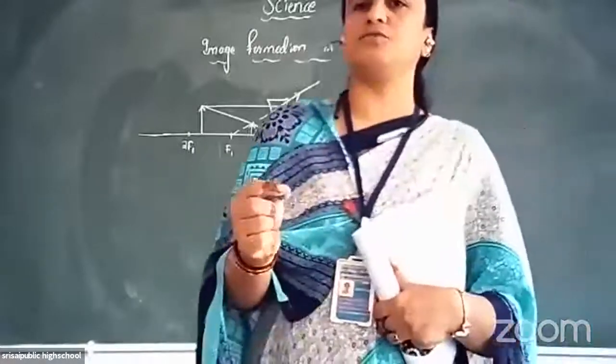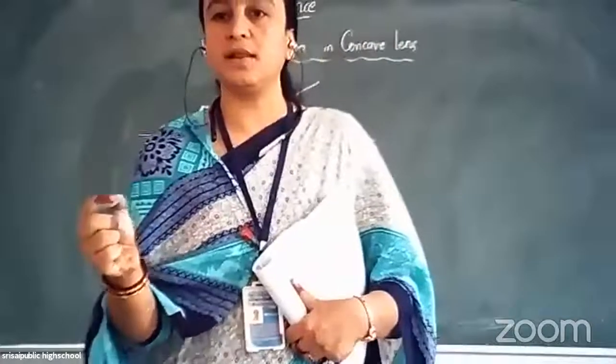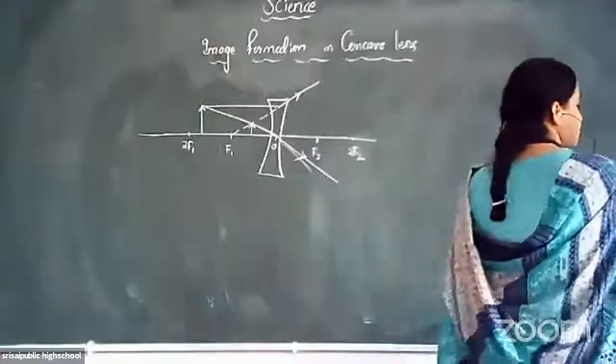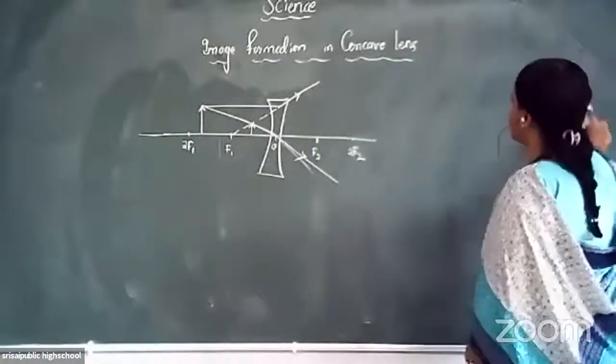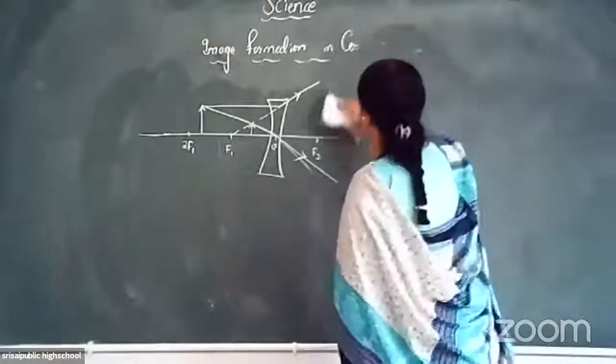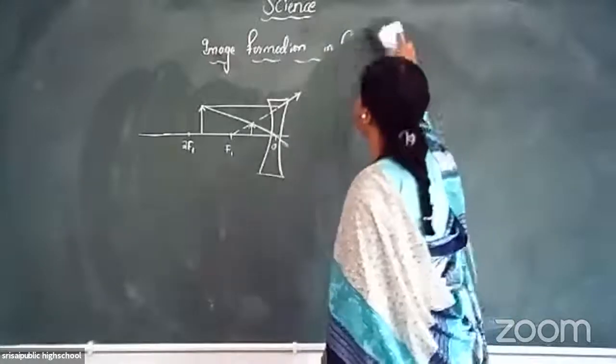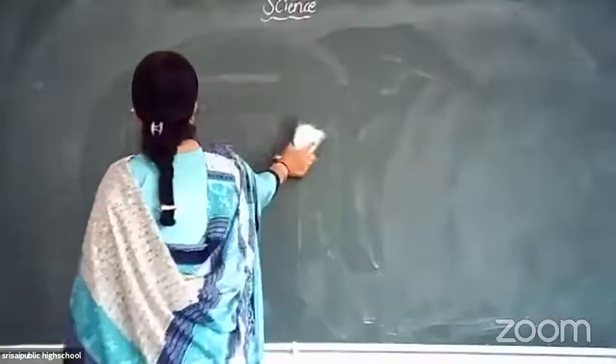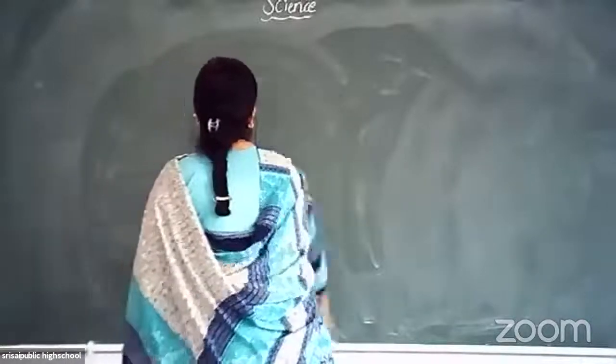Similarly, there is a sign convention for the spherical lenses also. And it is exactly similar to that of the sign convention for the spherical mirror. Both the things are same, only there is a slight change. What is the change that you are going to learn now?